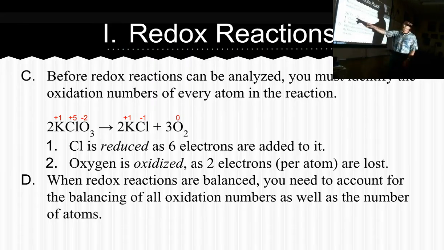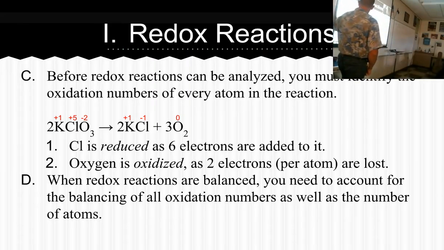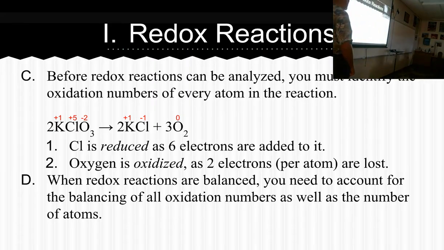So if you look here, potassium and chlorine are being bound to oxygen. Now, oxygen is more electronegative than either chlorine or potassium. So when it's sharing electrons with these guys, it wins all the time.